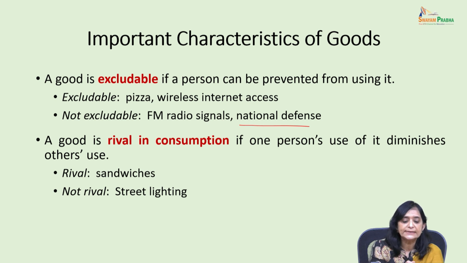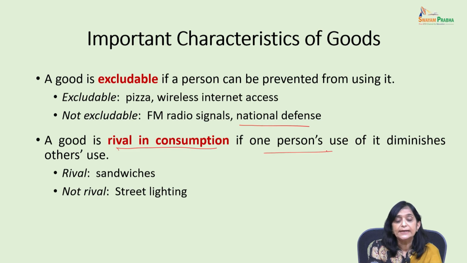The second characteristic of a good is that goods are rival in consumption. Rival in consumption means that if one person uses it, it diminishes the use by others. If there is a limited availability of resources and I use some, then whatever is left over is available to the others.